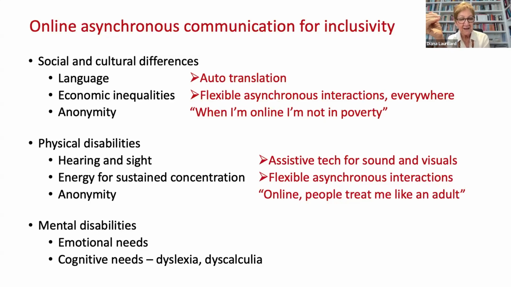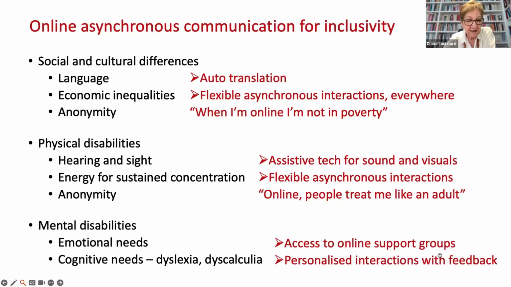So there are so many subtle ways in which those of us who don't have that kind of disability are just not aware of how it is affecting people around us. And with mental disabilities, they're providing access, as I was saying, to online support groups and personalized interactions with feedback. And those things can give people an enormous amount of support.